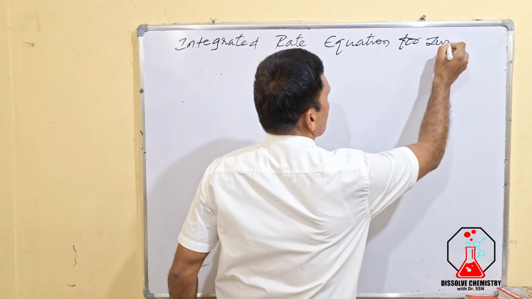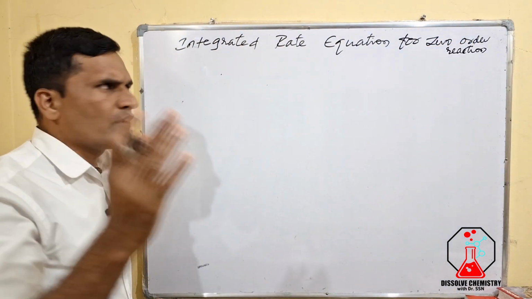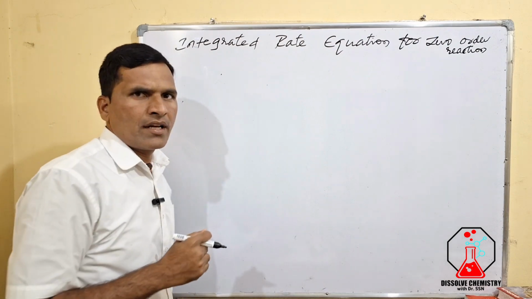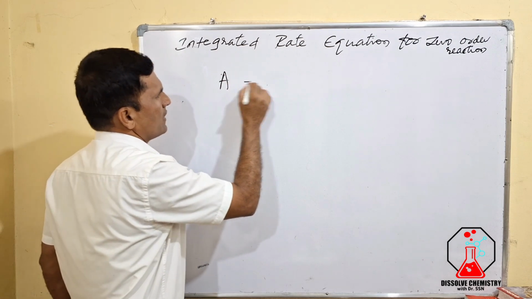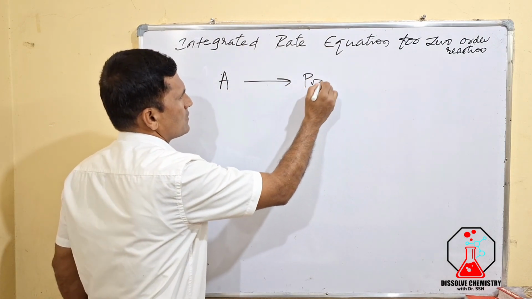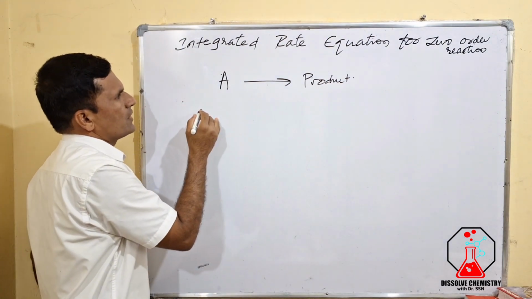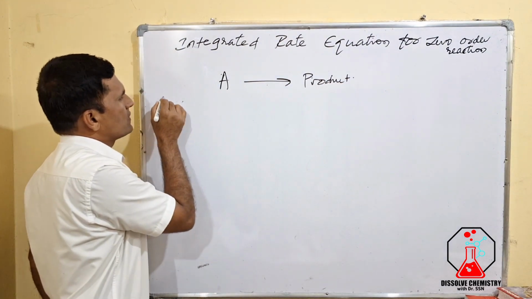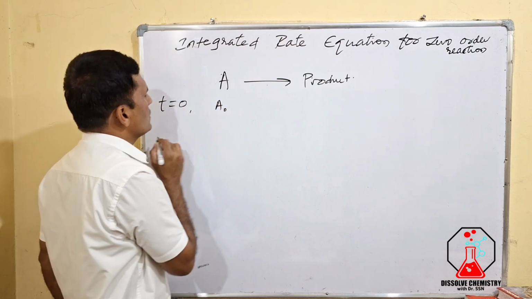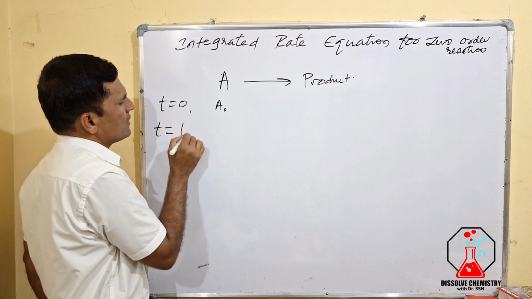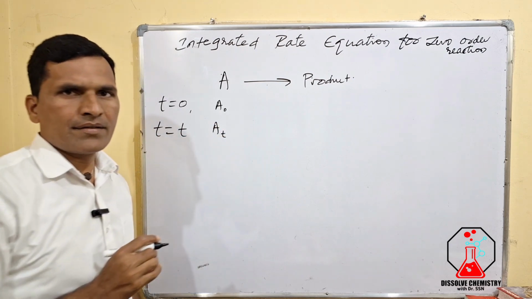Integrated rate equation for zero order reaction. To derive the equation, consider a general reaction, A gives product. The initial concentration at time t equal to 0, you can consider as A0, and at time t equal to t, you can consider its concentration as At.